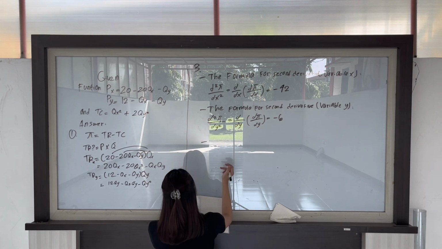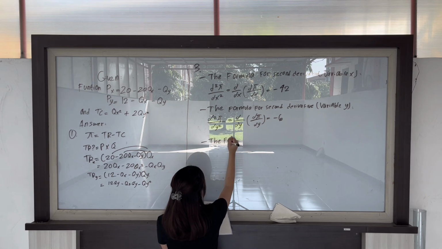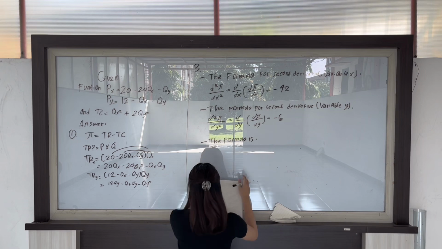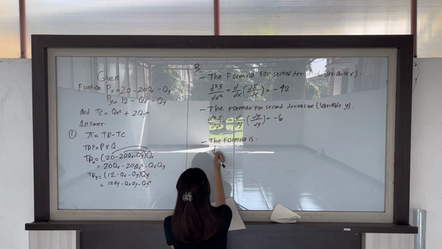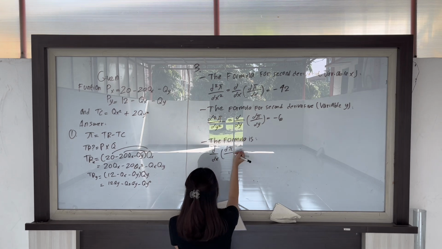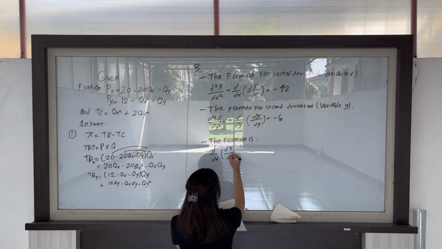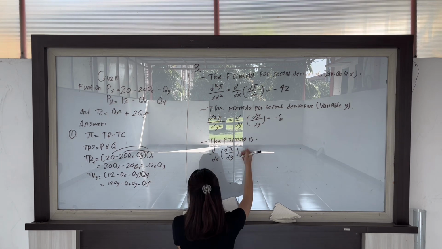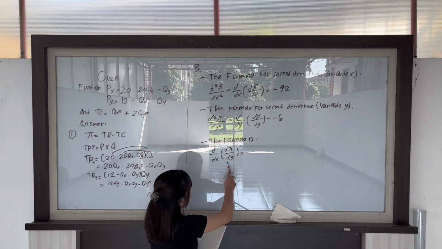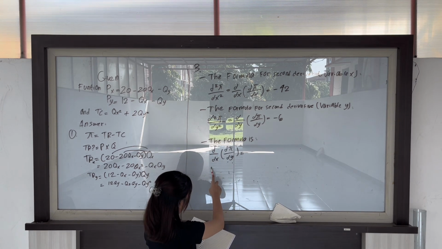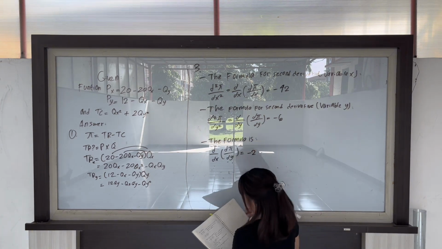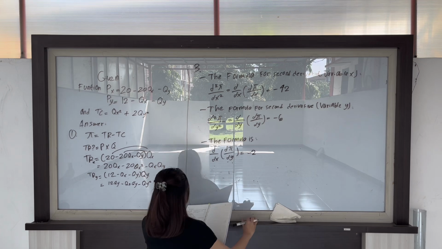The formula is dou over dou x of dou P over dou y. How to read it is variable y in the first derivative of x, and the result is minus 2.